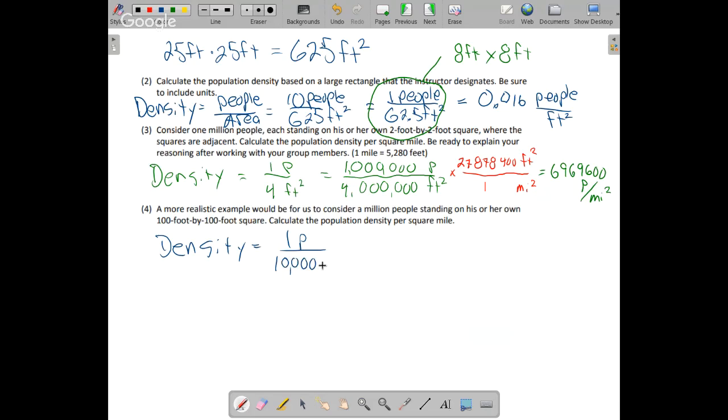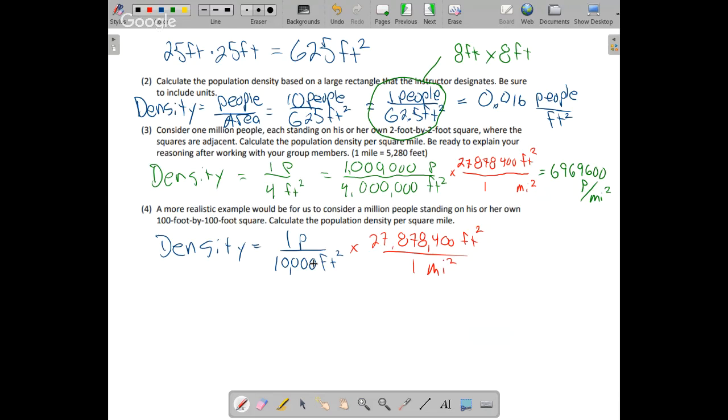So that would be 10,000 square feet that we each have to work with. Calculating that per square mile is just like we did in the last two examples. We're just going to multiply that by 27,878,400, because that is the number of square feet in 1 square mile. Okay? So 1/10,000th of this.